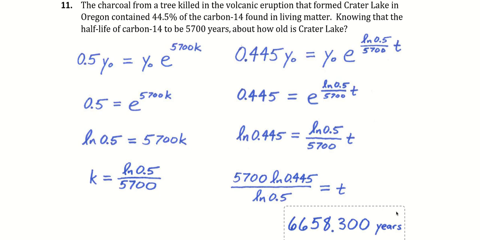Again, the bigger bullet points here: first you need K from the half-life, half of it left over after 5,700 years. Then you use that K value to find when this much is left.